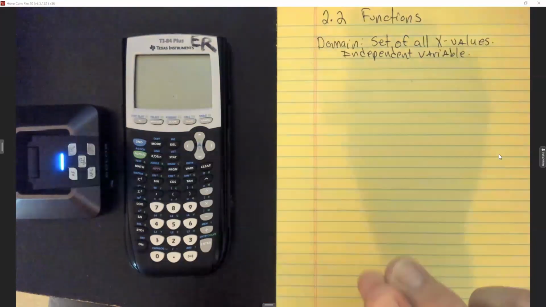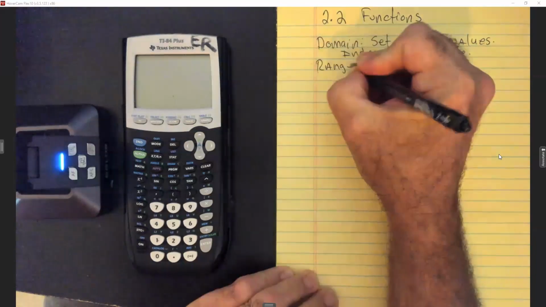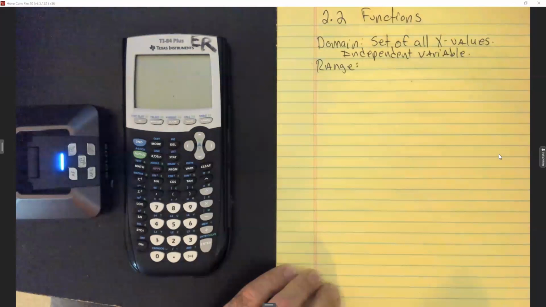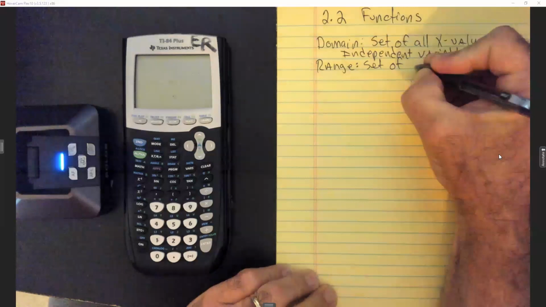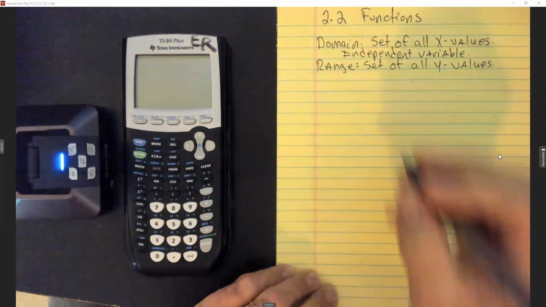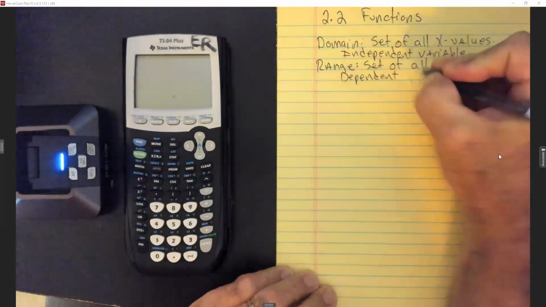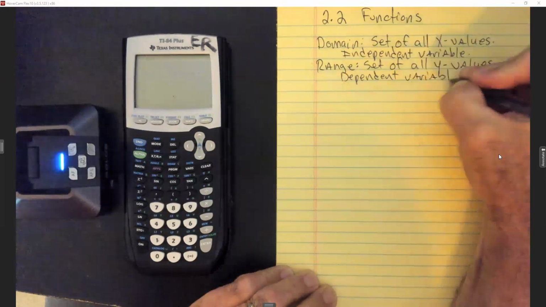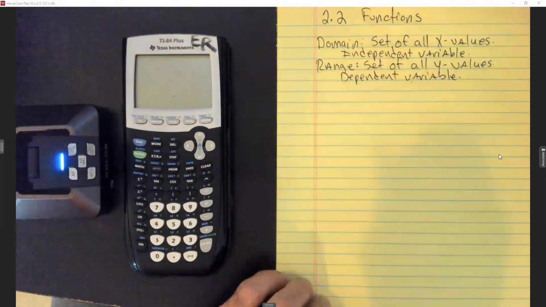Now your range, our range is going to be the set of all the y values. And we often call that the dependent variable, because y values depend on what x values we put into the function.